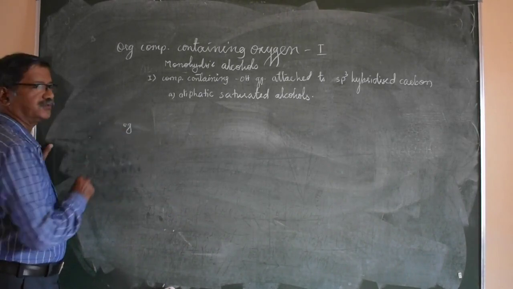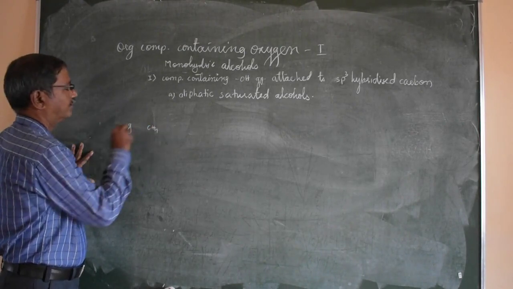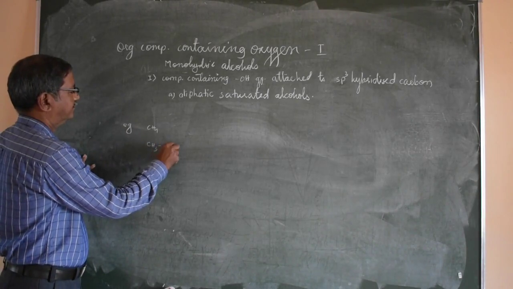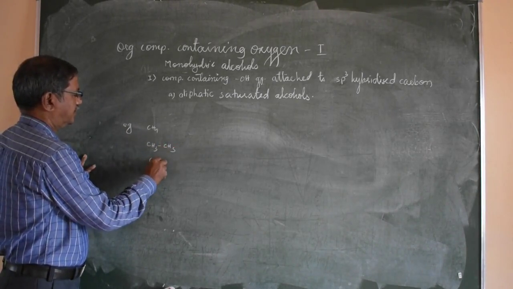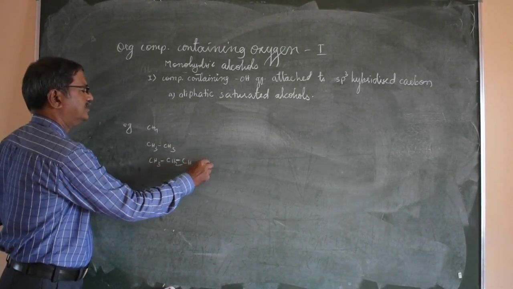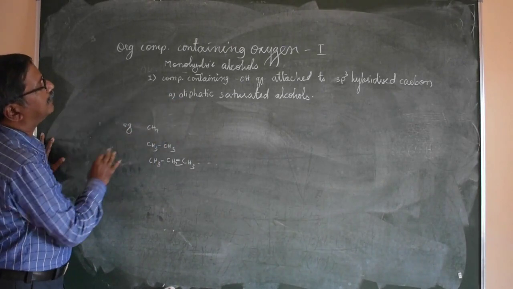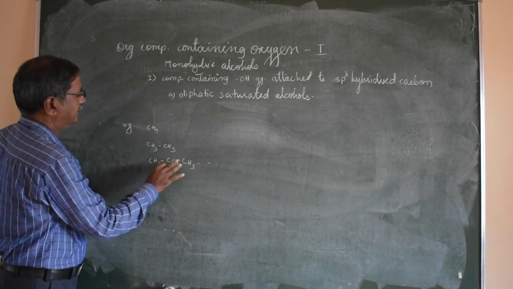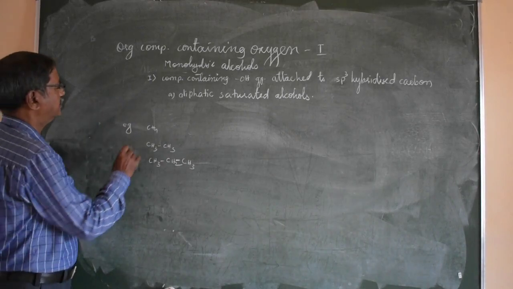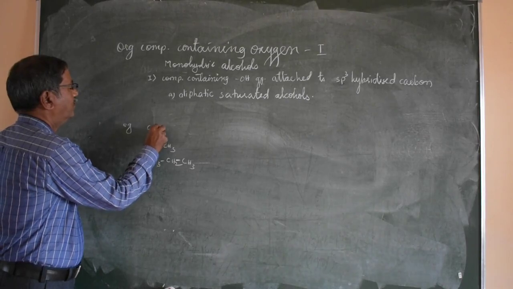For example, aliphatic hydrocarbons CH4, CH3CH3, CH3CH2CH3 and so on. So in aliphatic saturated alcohols, all these are saturated aliphatic hydrocarbons, where I replace one hydrogen by the OH.